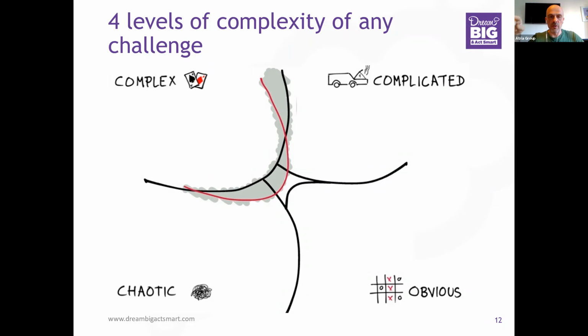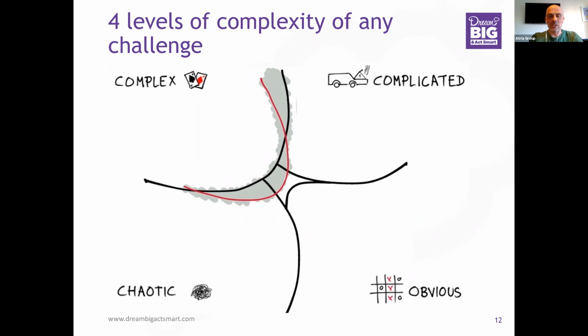Here it's a different approach. We experience something and we say, based on what we are experiencing right now, from the different roles that we have in different positions, what is our feeling? In which of these four areas is my experience of the situation right now? Is it obvious? Is it complicated? Is it complex, or is it chaotic?